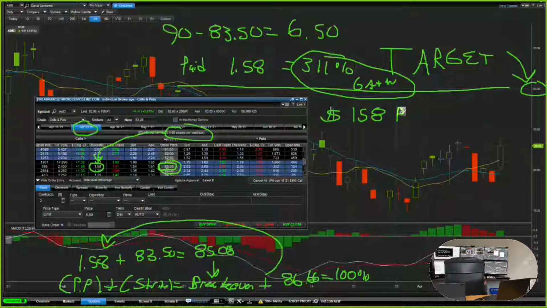$158 per contract. You could afford $158, right? And guess what? If it gets up to that 90, that $158 is now equal to $650. So you just made $508 on that trade.